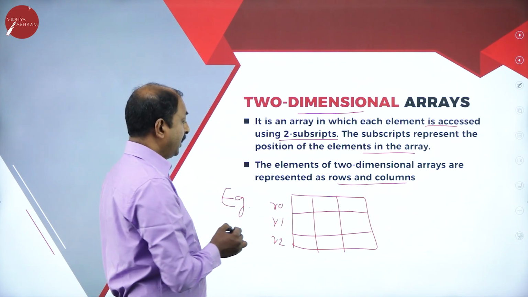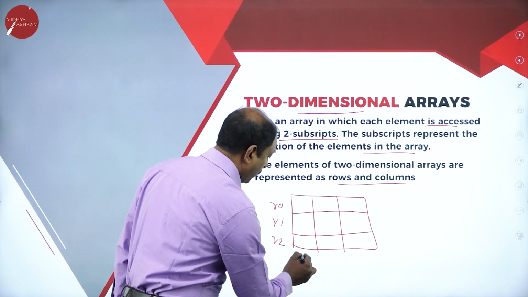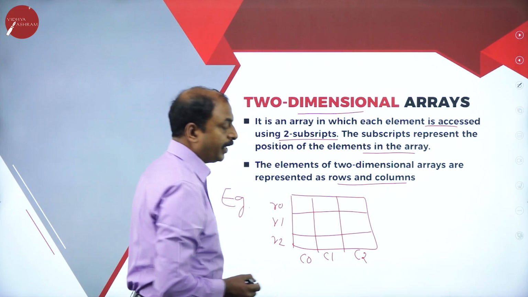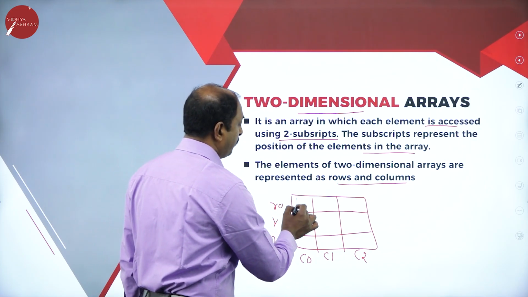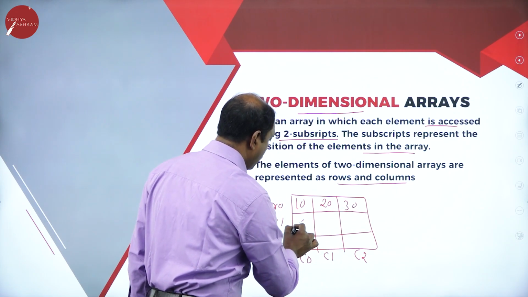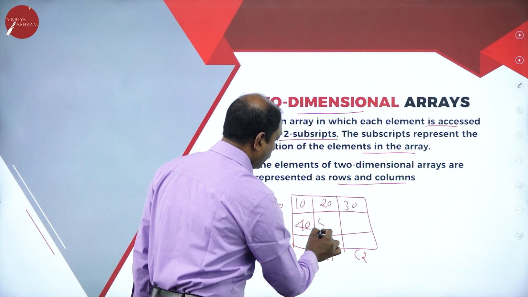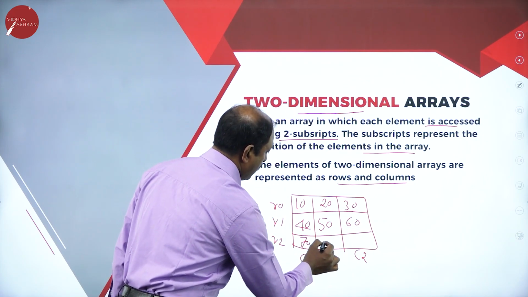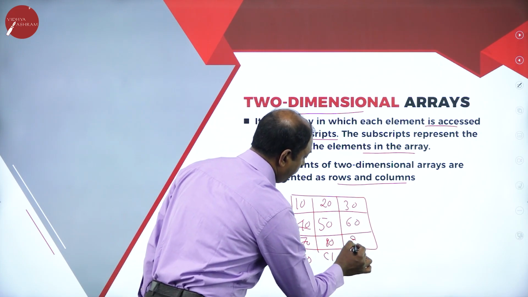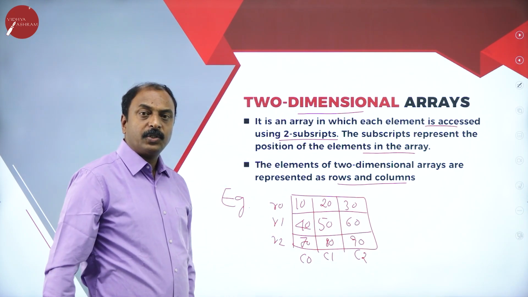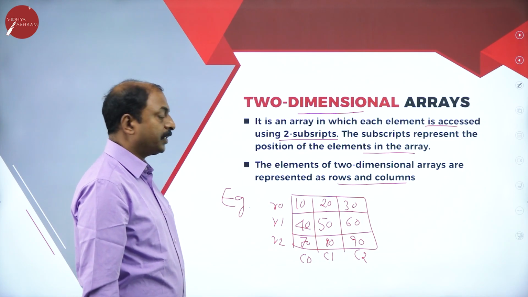And this is column 0, column 1, column 2. And here the elements can be 10, 20, 30, 40, 50, 60, 70, 80 and 90. See, this is how we represent the two-dimensional array in computer memory.